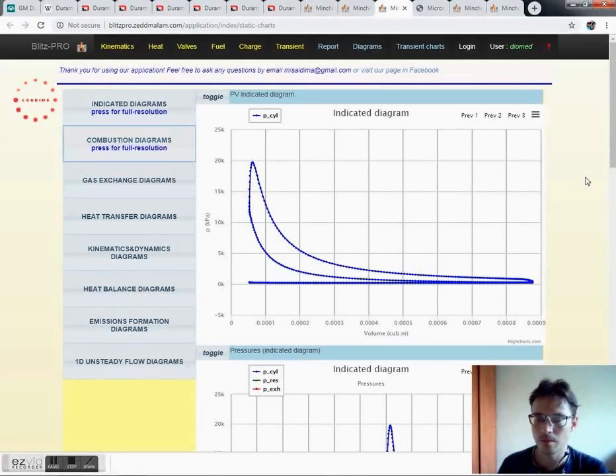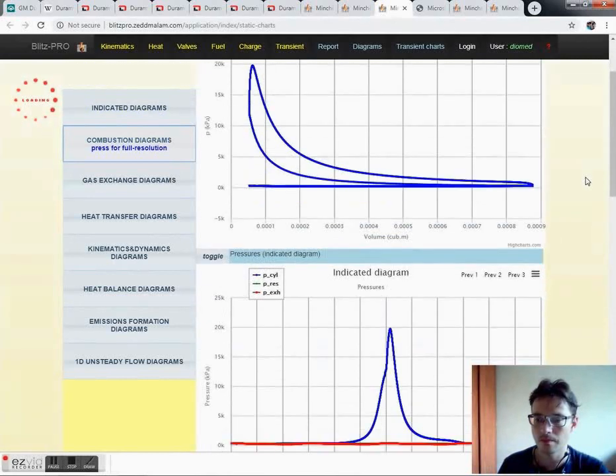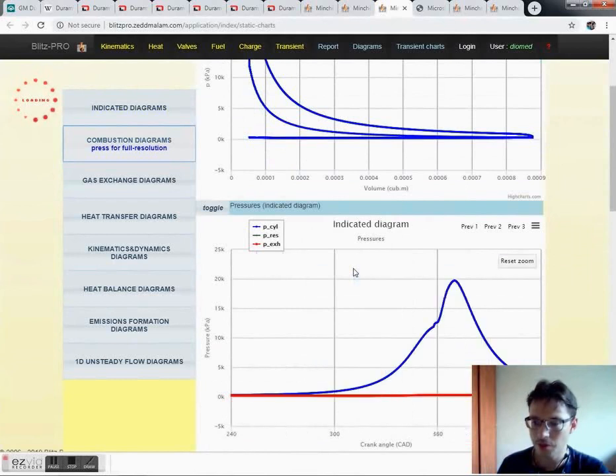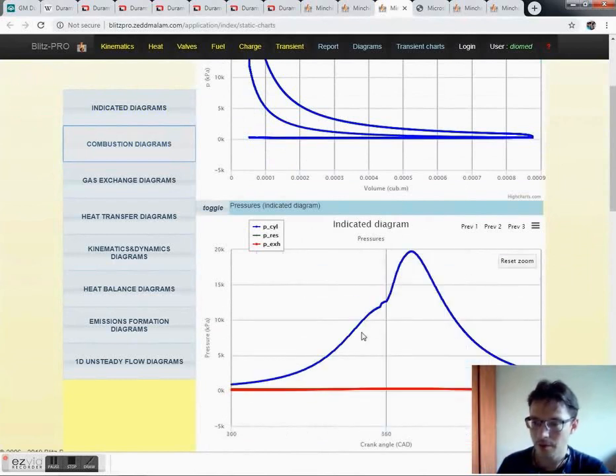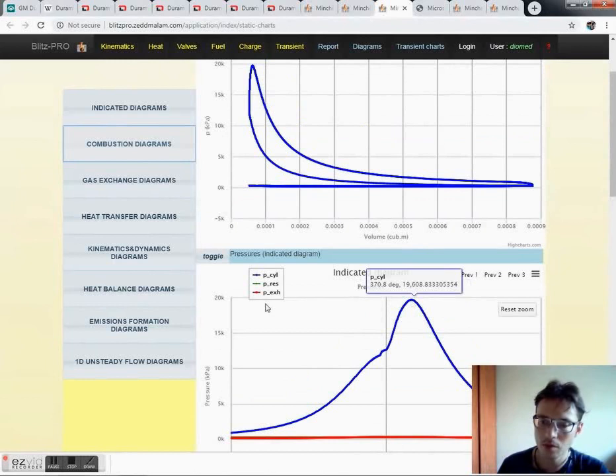All right, so as we can see, the first increase of pressure is due to pilot fuel injection, and when the second fuel injection starts, the temperature in the cylinder is much higher, so there is no such long ignition delay, and we have smooth combustion, so there is no such rapid pressure rise in the cylinder, as well as the maximum in-cylinder pressure becomes a little bit smaller, significantly smaller.